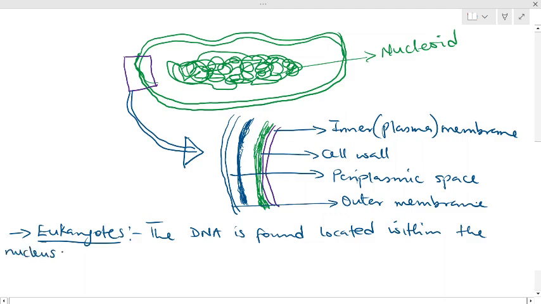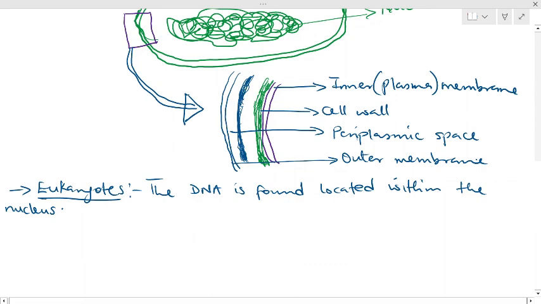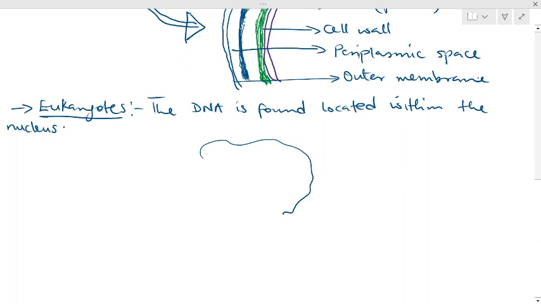So I want to also look at a sketch where we could locate the DNA of the eukaryotic cell. It's found located within the nucleus.